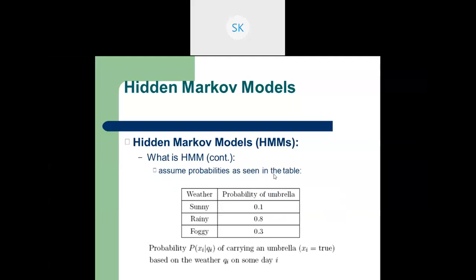As seen in the table, the probability of an umbrella given the weather is: sun 0.1, rain 0.8, and fog 0.3. So P(xi | qi), that is, of carrying an umbrella, x1 is true, based on the weather qi on some day i. We know the hidden state and we are predicting the evidence or observation.